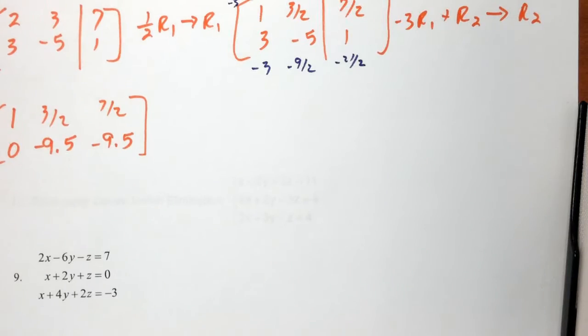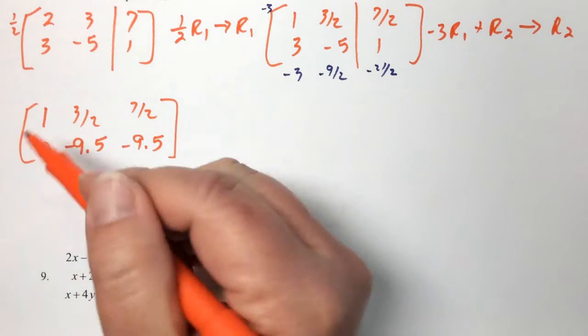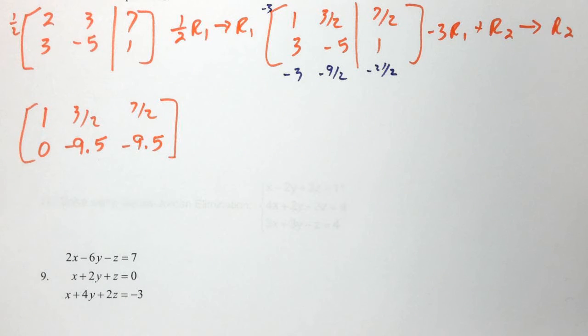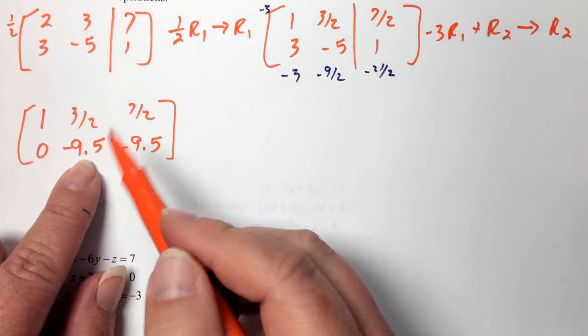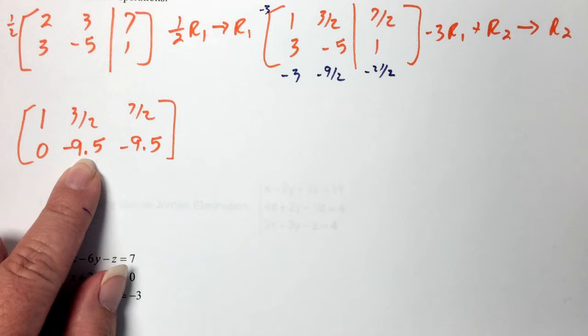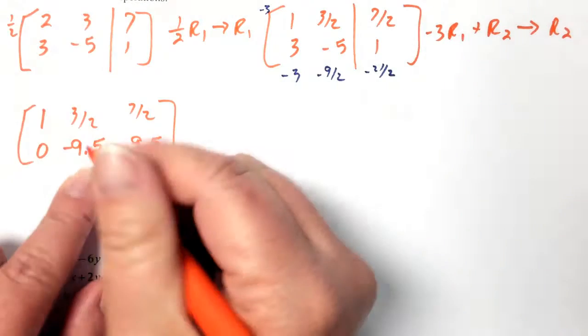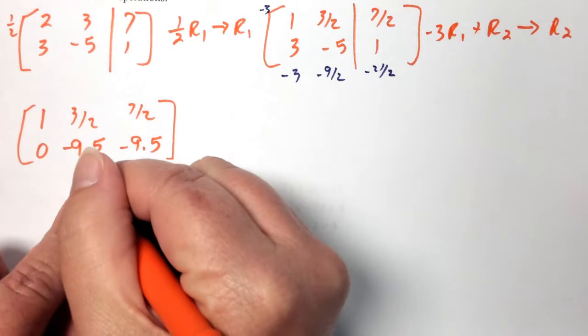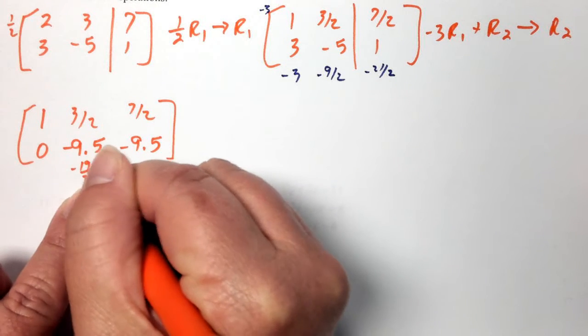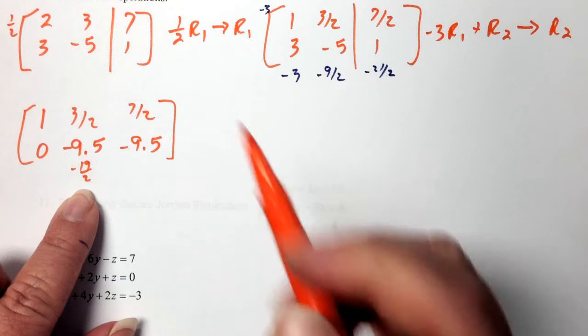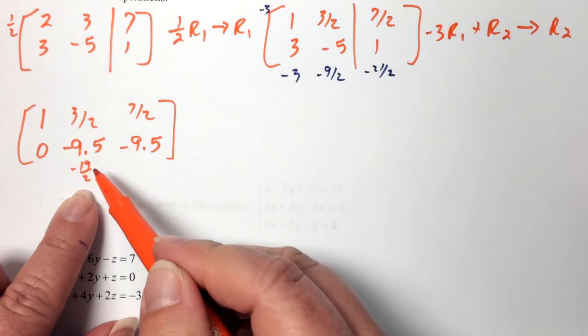Okay. All right, column 1 is like we wanted. It's got the 1 and the 0. Next, we need to get rid of the -9/2. We need it to be a 1. And remember, that's -19/2. 19/2 would be 9.5. Okay, so to get your 1, multiply that by the reciprocal.